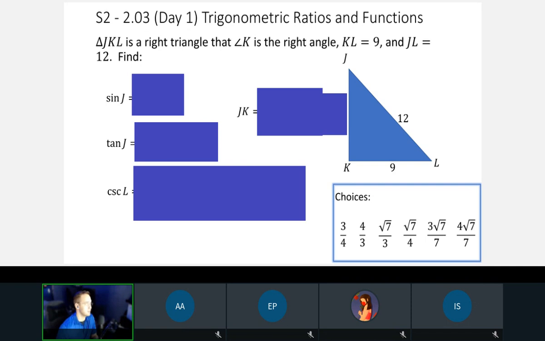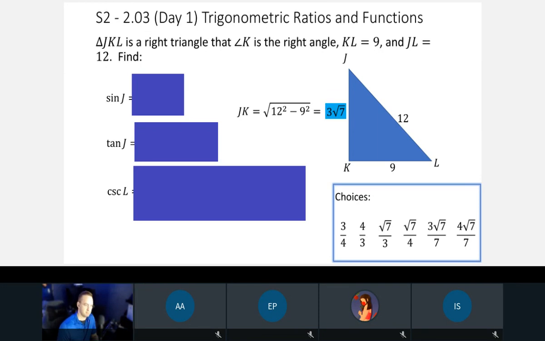So I labeled those sides appropriately. Next, you have to use the Pythagorean theorem to find the missing side, and that's what Antonio did too. So remember, it's a squared plus b squared equals c squared. So we do that math, which I show a simplified version of, and that's how we get 3 rad 7. Antonio, do you agree with me?